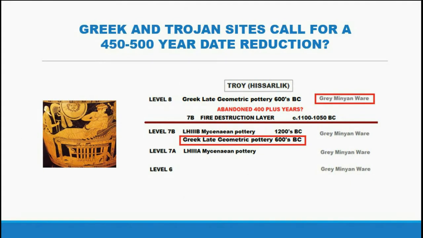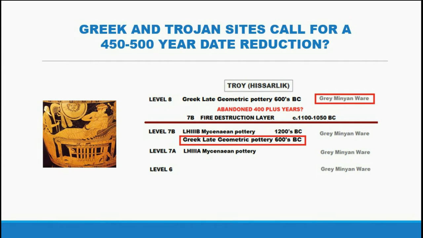One example of the problems caused by applying Egypt's absolute BC dates to finds in Greece and Western Turkey can be found at the site traditionally believed to be the site of Troy. Between levels 8 and 7b was found a destruction layer of fire.